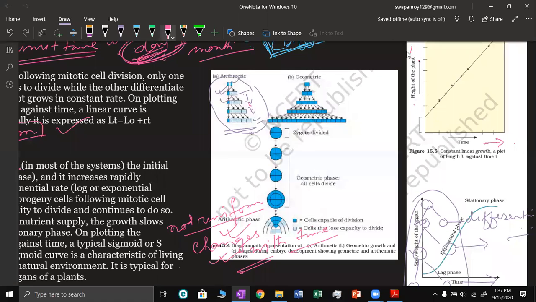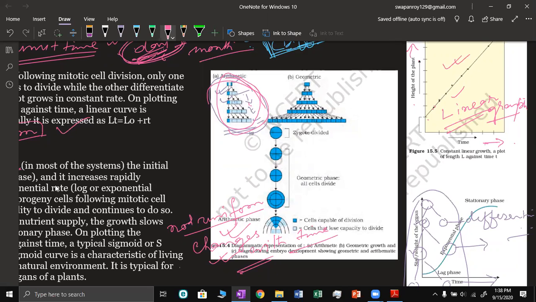This is the increase in height or increase in length. And as the rate of increase is uniform, we get a graph which is a straight line. So arithmetic growth gives a uniform straight line, or it is also known as a linear curve. This gives a linear graph, a linear curve.